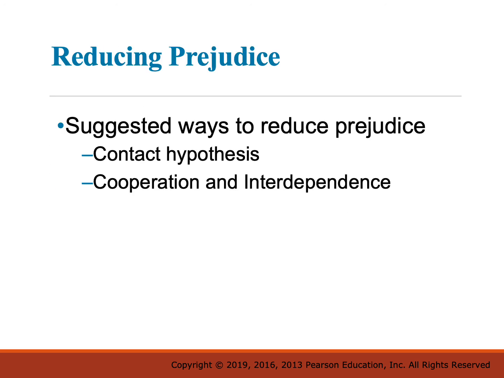Okay? So reducing prejudice, there are some suggested ways that have been shown to be fairly effective. One is called the contact hypothesis. And then we're also going to talk about cooperation and interdependence, which were sort of further developments beyond the contact hypothesis.